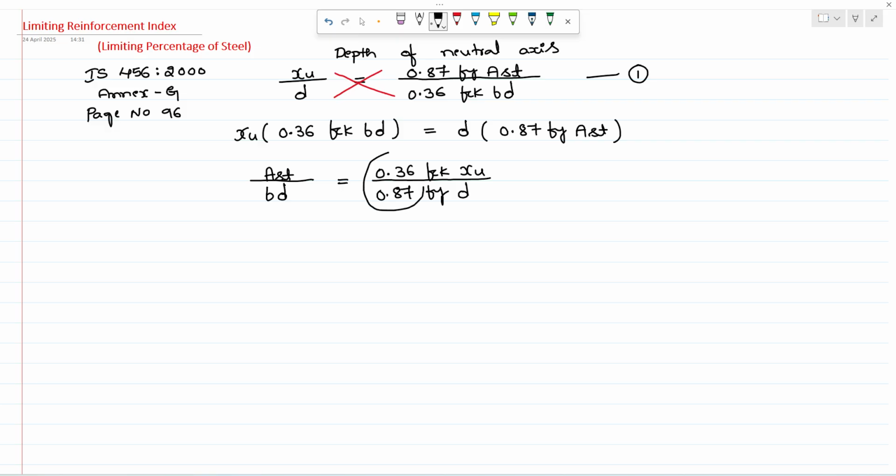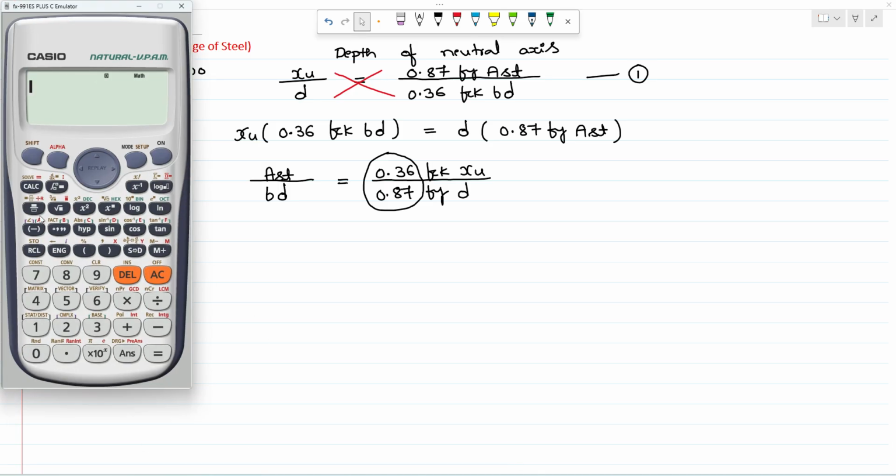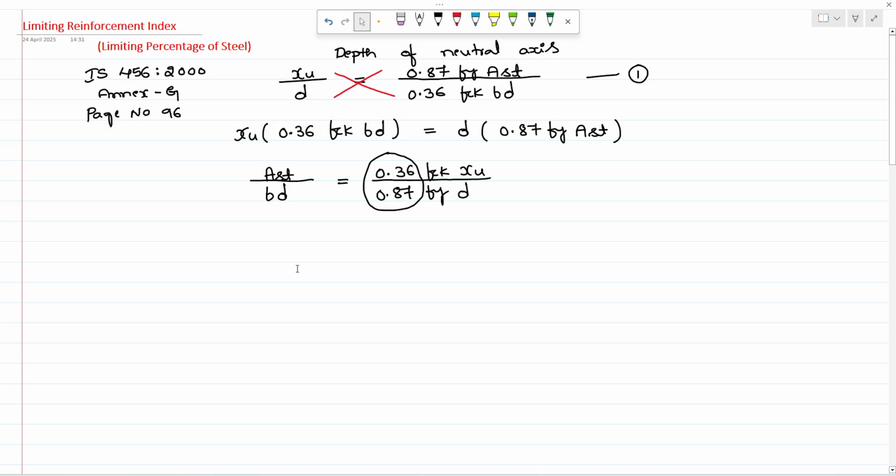So 0.36 divided by 0.87, it will be 0.41379. So almost it is 0.414.